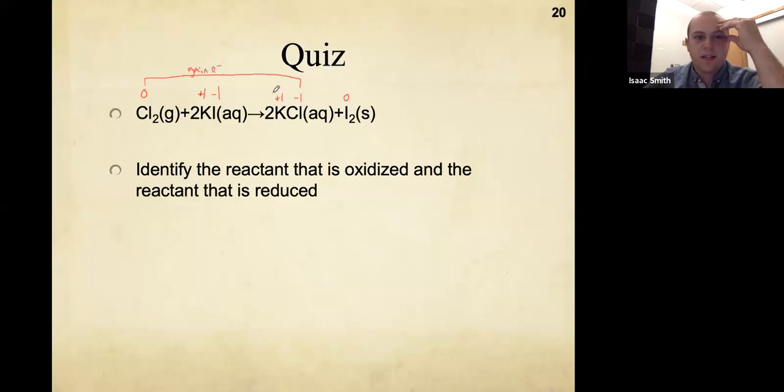Then iodine goes from -1 to 0, so in order to do that, it needs to lose an electron. Remember OIL RIG: reduction is gaining, so the chloride is the one that's reduced.